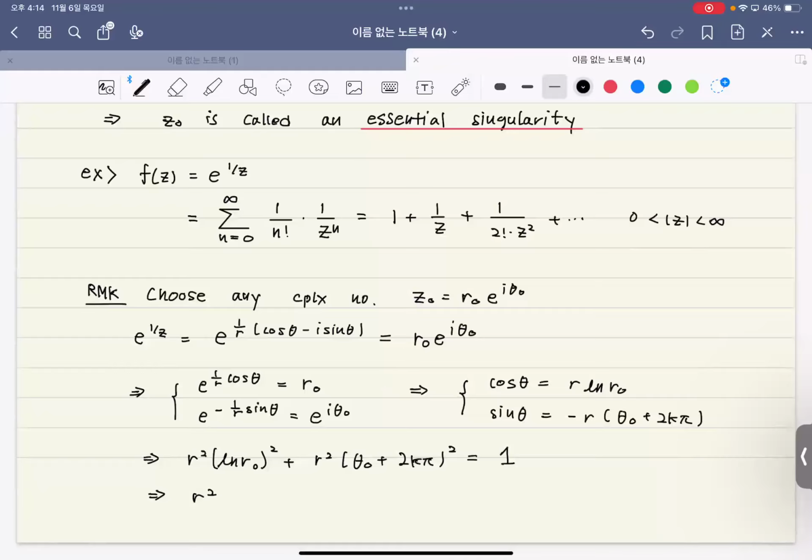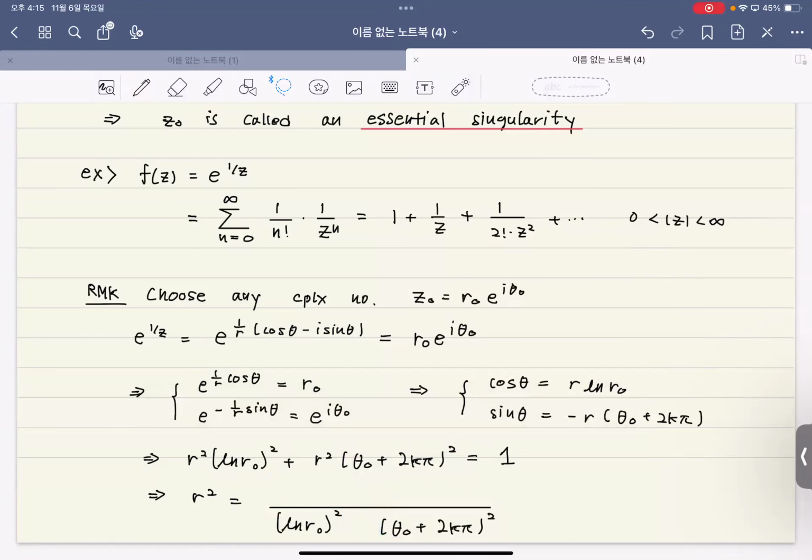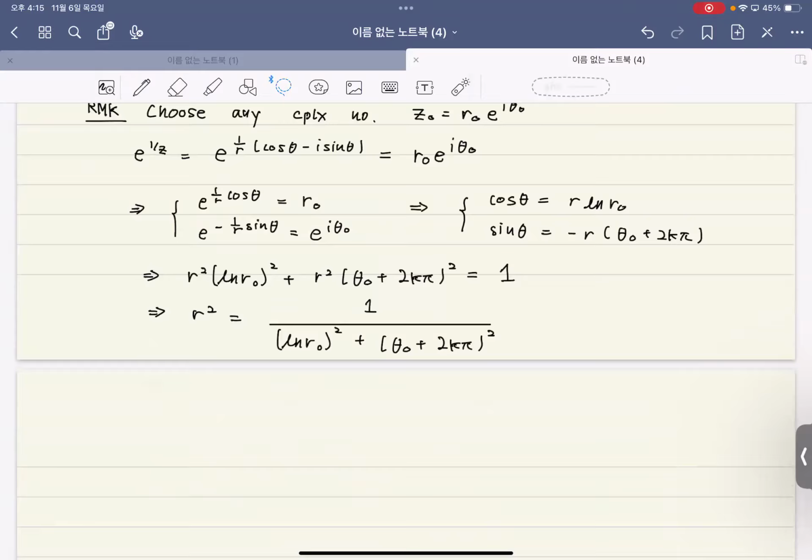So r squared is this guy plus this one. And of course, the tangent of theta is, well, ln of r0.